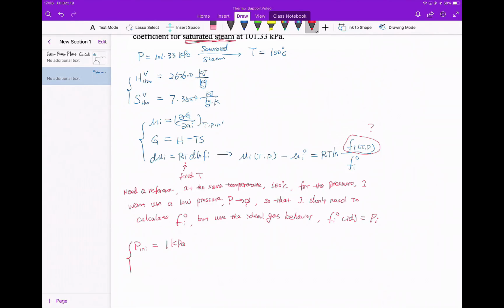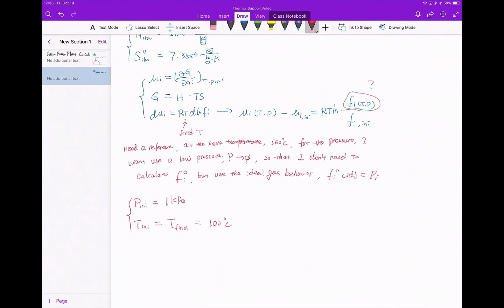Let's try to calculate this. Then this T initial should be exactly the T final, which is 100 degrees C.